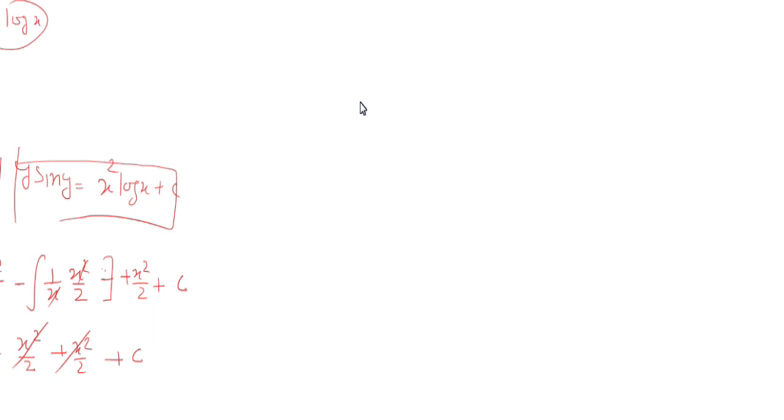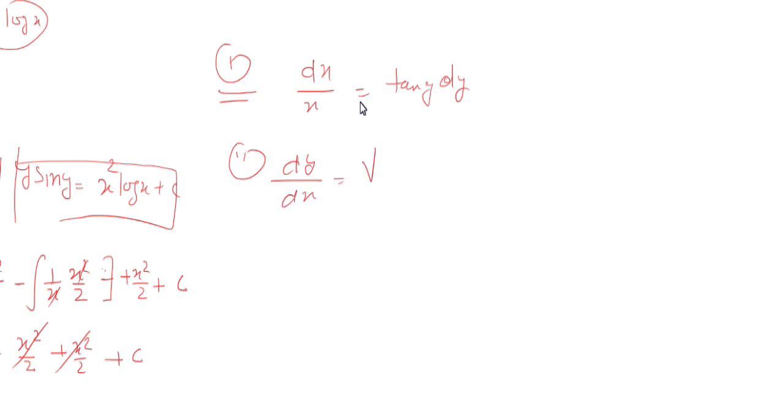Now we will stop here, and I will provide you some numericals you have to solve in your notebook. The first is dx by x equal to tan y dy. The second is dy by dx equal to root of n minus pi square root of x square.